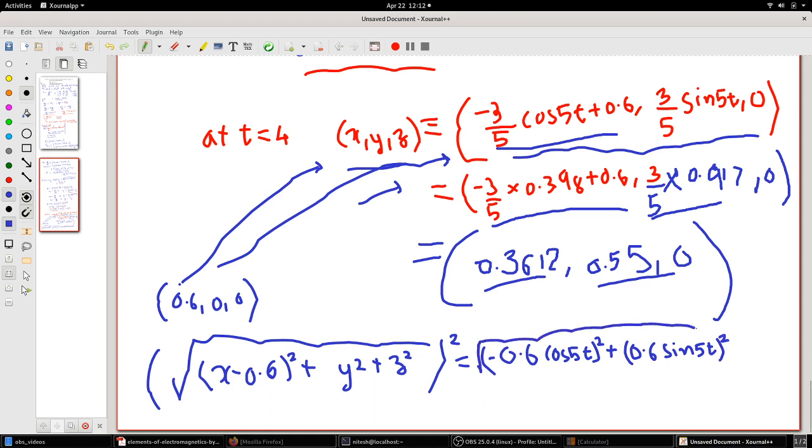Square root of this, and the whole raised to square, because I am squaring both sides.